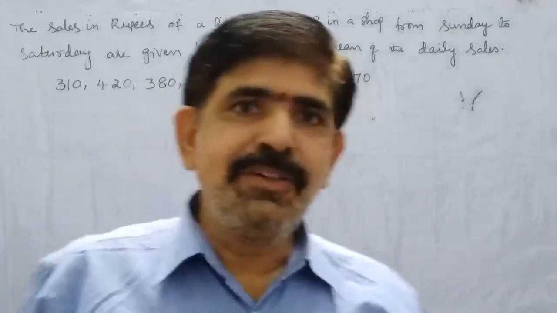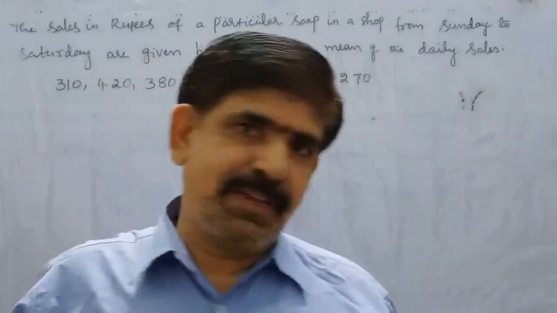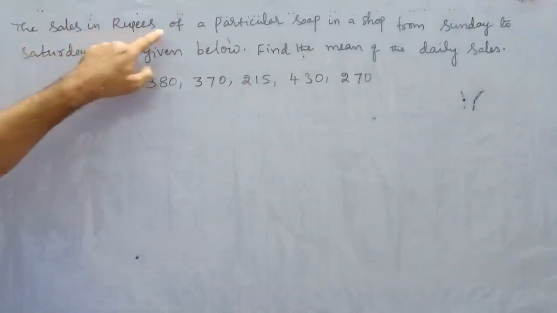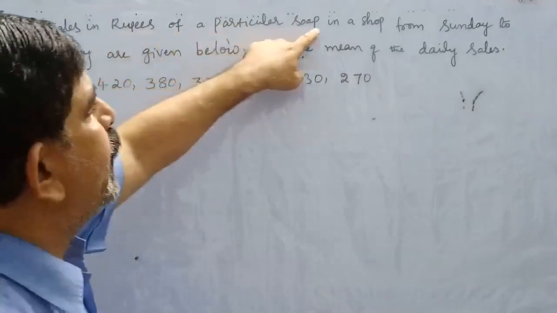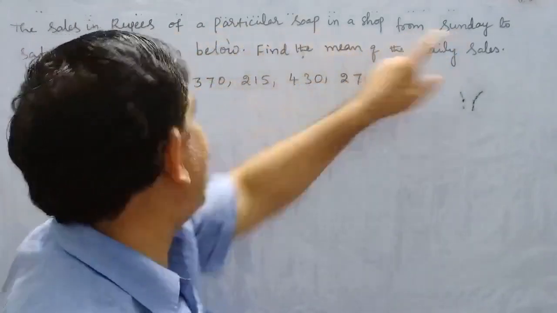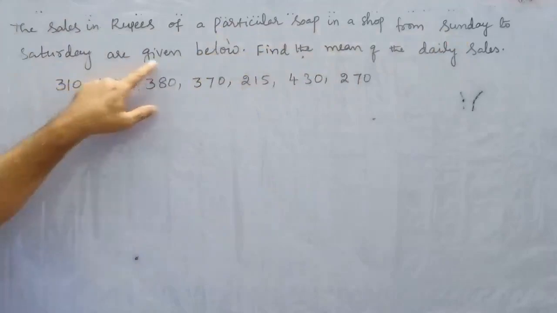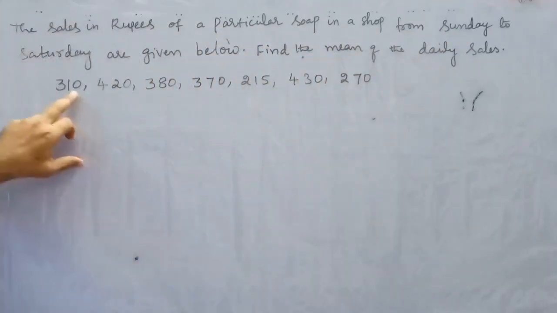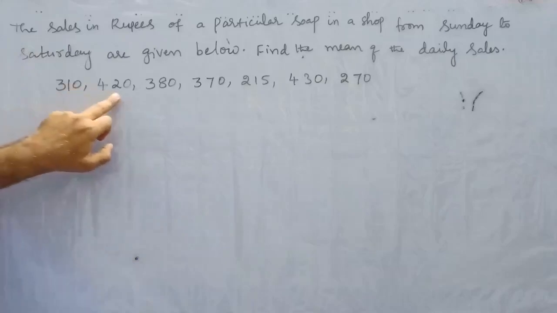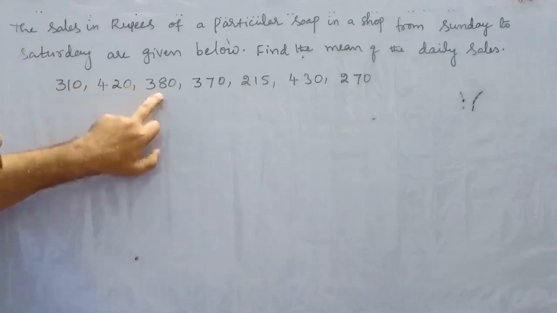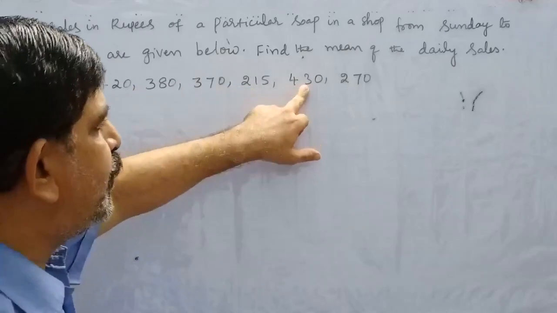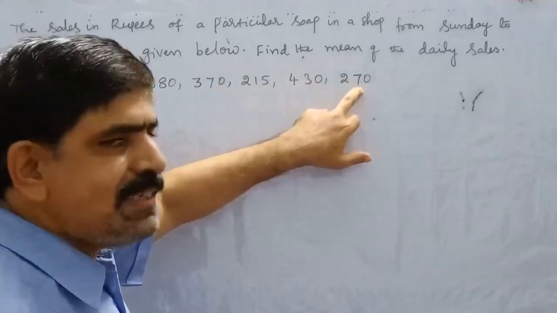Okay children, you try to do this problem as the homework. First you read the question. The sales in rupees of a particular soap in a shop from Sunday to Saturday are given below. Find the mean of the daily sales. So 310, 420, 380, 370, 215, 430, 270.